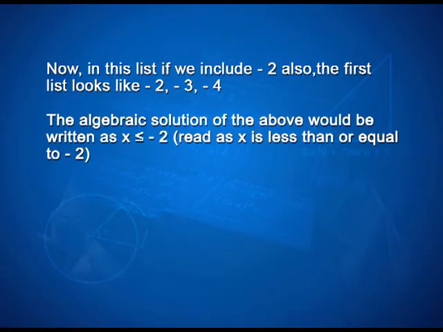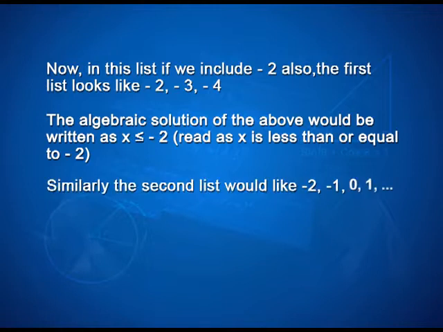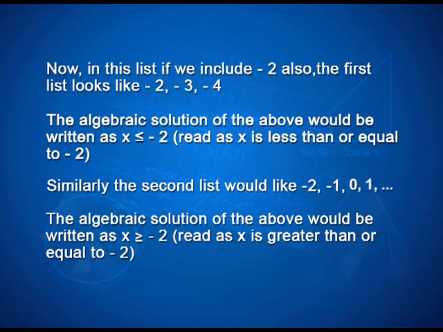The algebraic expression of the above would be written as x less than or equal to -2. Similarly, the second list will be -2, -1, 0, 1 and so on. The algebraic expression of the above would be written as x greater than or equal to -2.